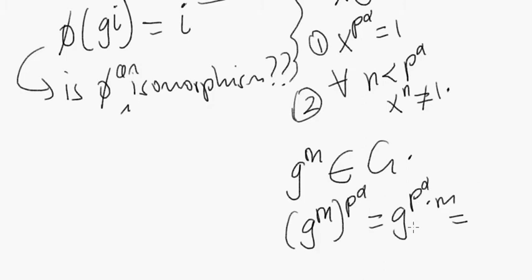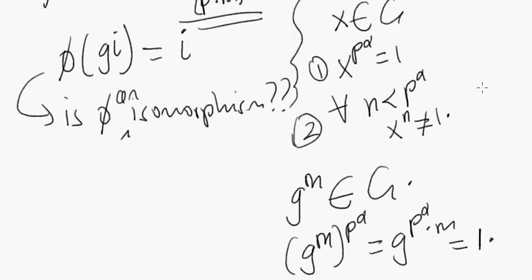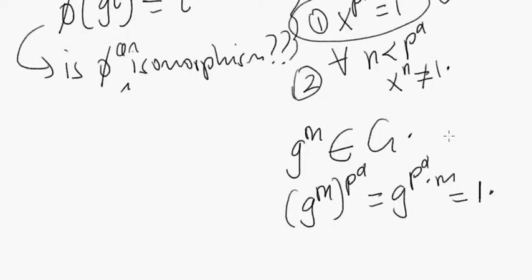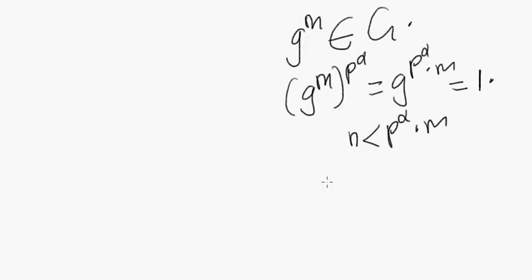Okay, are we done? Well, doesn't that just establish condition 1? But the question still arises, what if there's some n smaller than P to the alpha such that G to the M raised to the N also gives us the identity? Is that possible?